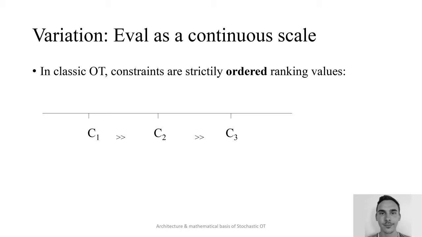In this hierarchy, that would mean that even if a potential output candidate was perfectly harmonic with C2 and C3, but violates C1, it can never be the optimal candidate, as long as there exists any other candidate that is more harmonic regarding C1. And in this case, it wouldn't even matter if the alternative candidate violates C2 and C3 or not. And this means that constraints in the classic architecture are actually fixed in the adult grammar.